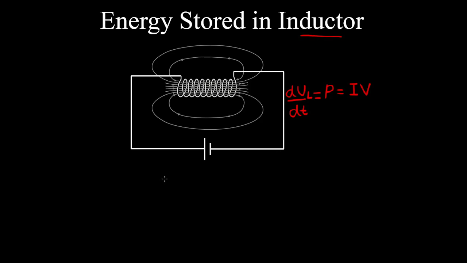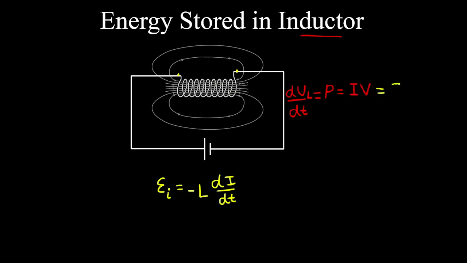And recall by Faraday's law that the opposing EMF to a change in current through the inductor is minus the inductance by the change in current. And this opposing EMF is equal to the voltage drop across the inductor.